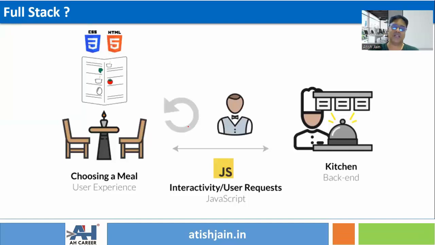And whenever the order gets prepared, whatever is prepared in the kitchen has to be delivered at your table. This request and response, that's nothing but taking your order and delivering your order, is taken care of by JavaScript. And the backend, where all the raw material is stored, prepared food is stored, intermediary food is stored, we call it the database. So this is like tier 1, tier 2, and tier 3.